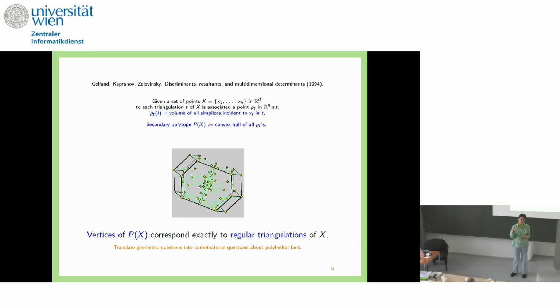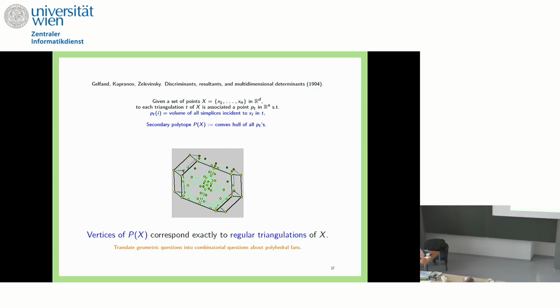That gives you a value per vertex for a given triangulation. I put it in a vector, an n-vector, and lift this as a point in R^n. My points were in R^d, but I had n points, and this point that represents a triangulation is now in R^n.